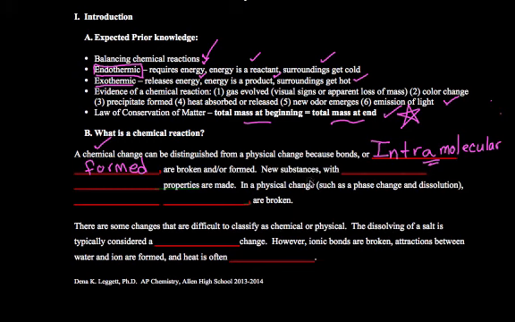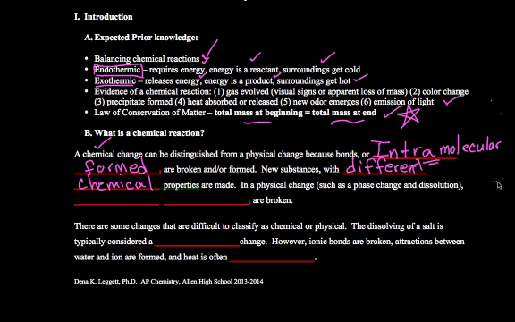New substances, in this case, with different chemical properties. Remember, chemical properties are a potential for a chemical reaction to occur. For example, a chemical property of sodium metal is that it does react with water. So the property is the potential. The change is that it has happened.